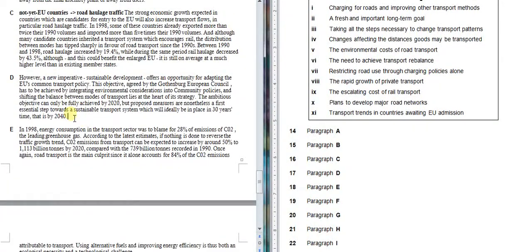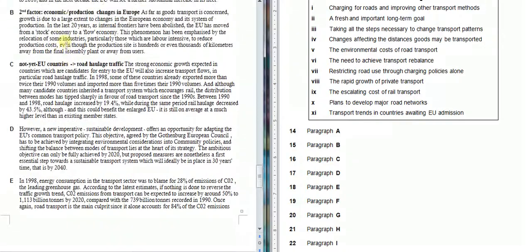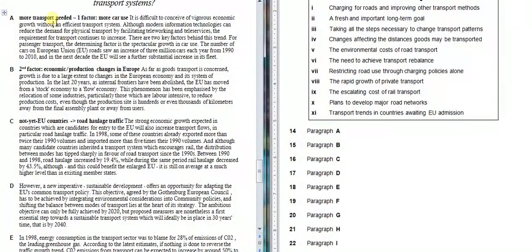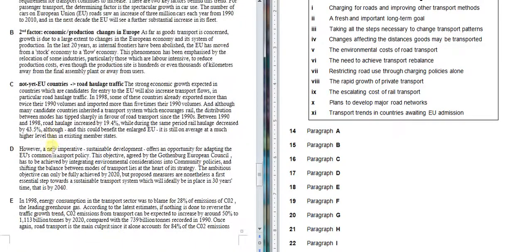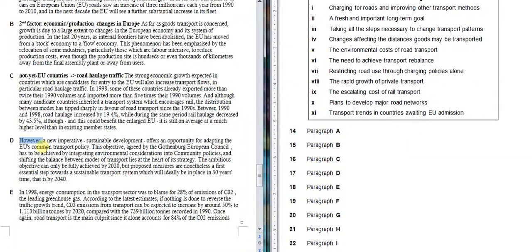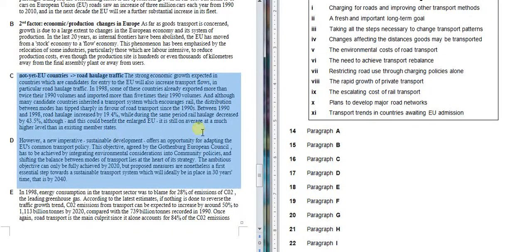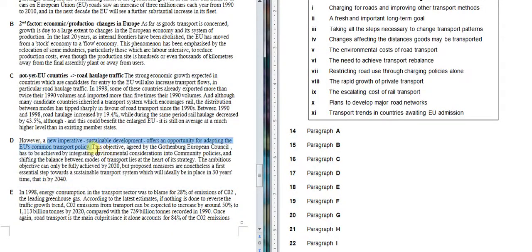Okay, now in D, we've got a big however. Okay. All right, so what's going on so far in the essay? We've got more transport needed for a few different reasons, right? Now we've got a big however here. We've got a new imperative offers an opportunity for adapting the policy.